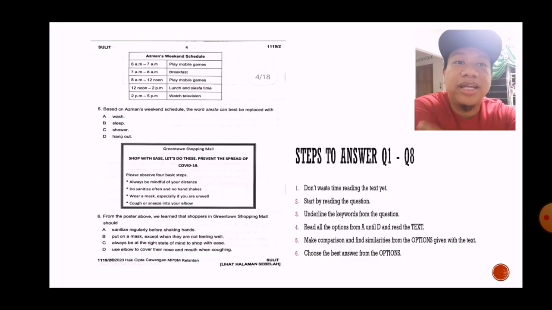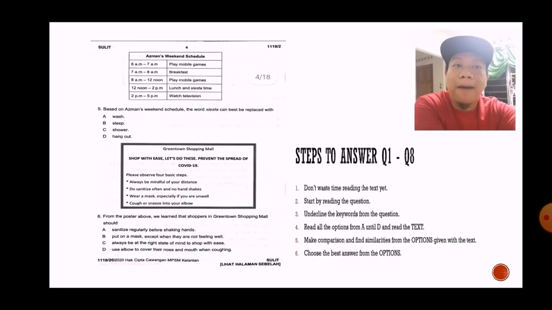So let us find the word siesta. Which one do you think normal people will normally do after they eat lunch? Lepas makan orang buat apa selalunya? Of course, the most obvious one, takkan mandi kot. Of course, not wash. Of course, not shower. Of course, not hang out.